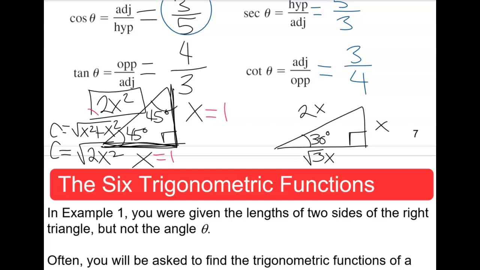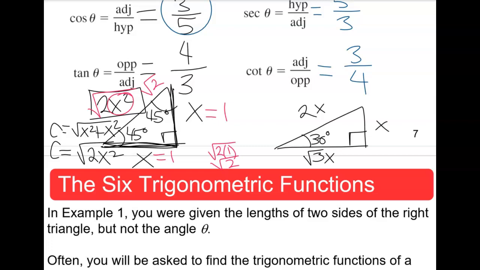Oh, and I'm missing the square root here, sorry. If we substitute this x squared with a 1, we will obtain the square root of 2 times 1, which will still be the square root of 2. So the hypotenuse will equal the square root of 2.